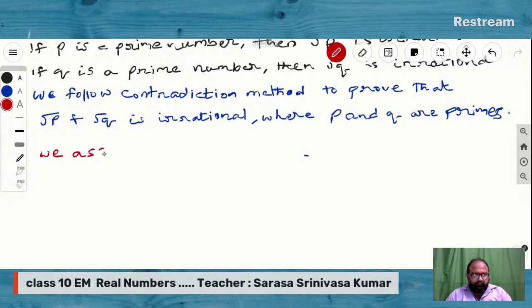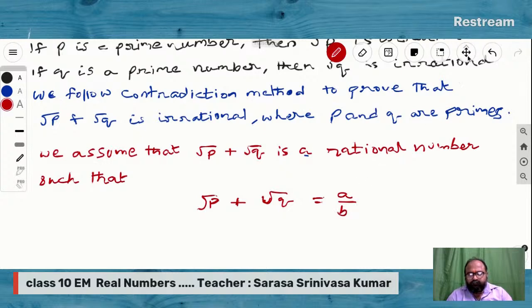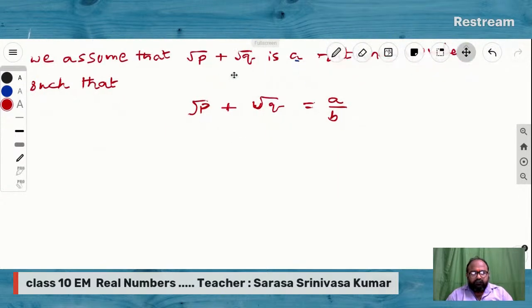We assume that square root of p plus square root of q is a rational number such that square root of p plus square root of q equal to a by b, where a and b are integers.